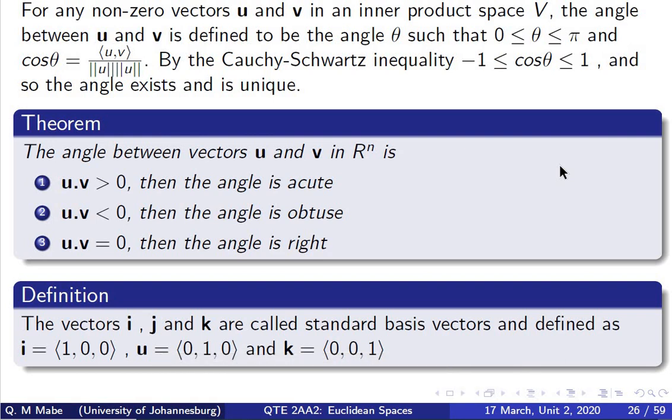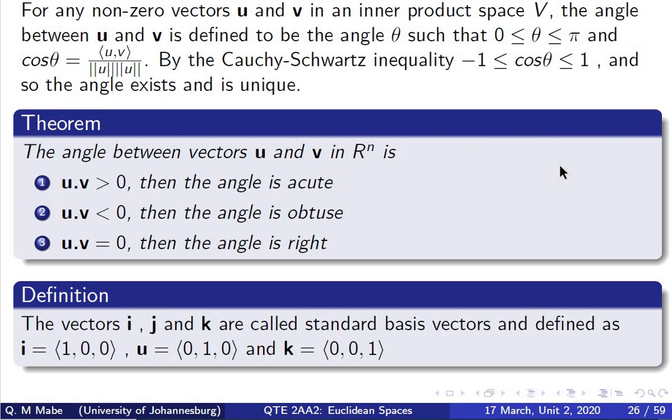The vectors i, j, and k are very important vectors, and they are called basis vectors. You will cover basis in the chapter on linear independence, then you'll know what a basis is.